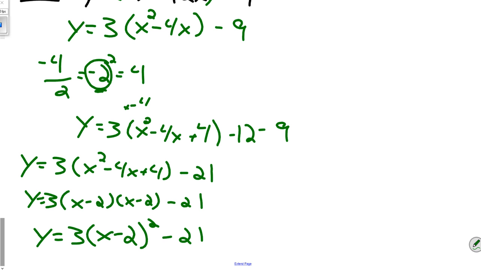So is it always like that? Yeah. If this was a minus 3, then I would be minus 3 times minus 4, plus 4. All right, I'm going to give you guys some questions now to work on today.